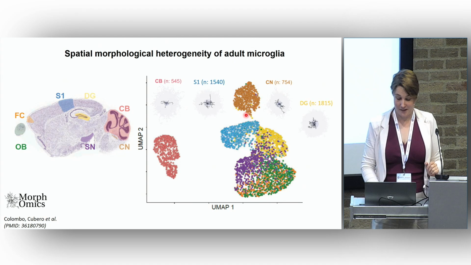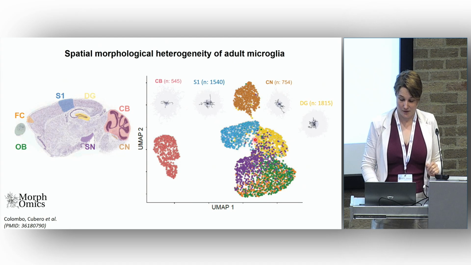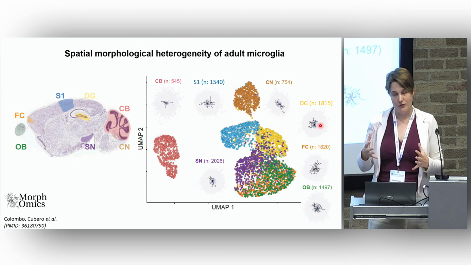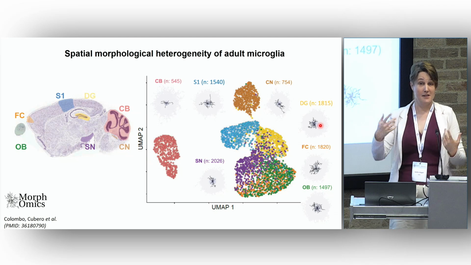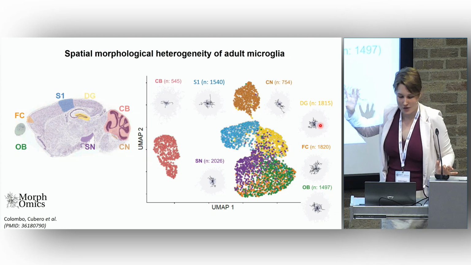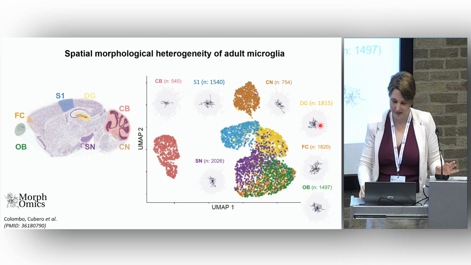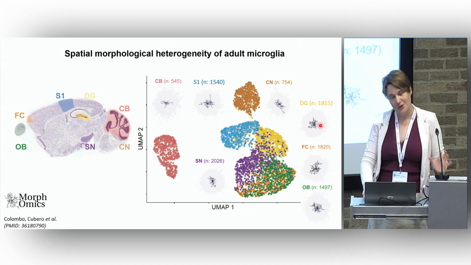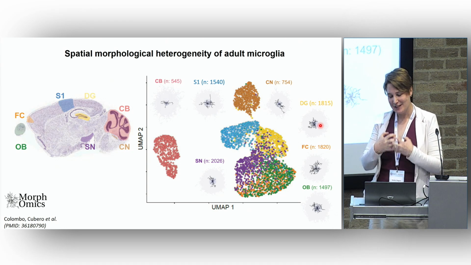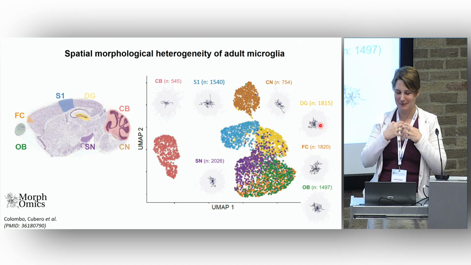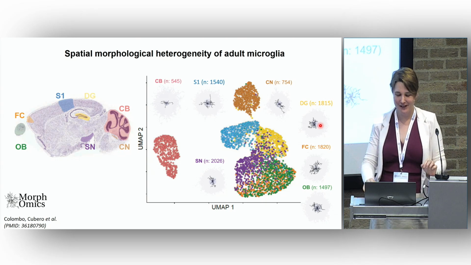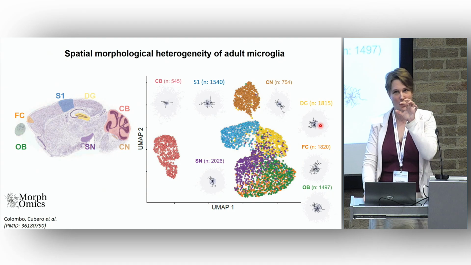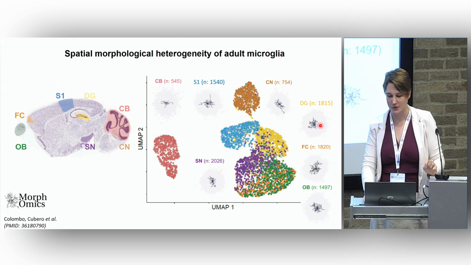At the same time, the somatosensory cortex is separated, then the dentate gyrus and the substantia nigra, while the frontal cortex and olfactory bulb seem to be intermingled. I will come to that later. There is a sex-specific signature here which apparently causes this intermingling. Overall, it is possible to separate the microglia morphology in the adult healthy brain; it is just a matter of identifying the critical markers to do it.